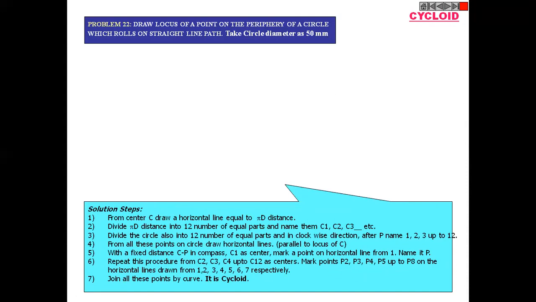Whenever we consider a complete revolution, the length of the directing line is equal to the circumference of the circle.